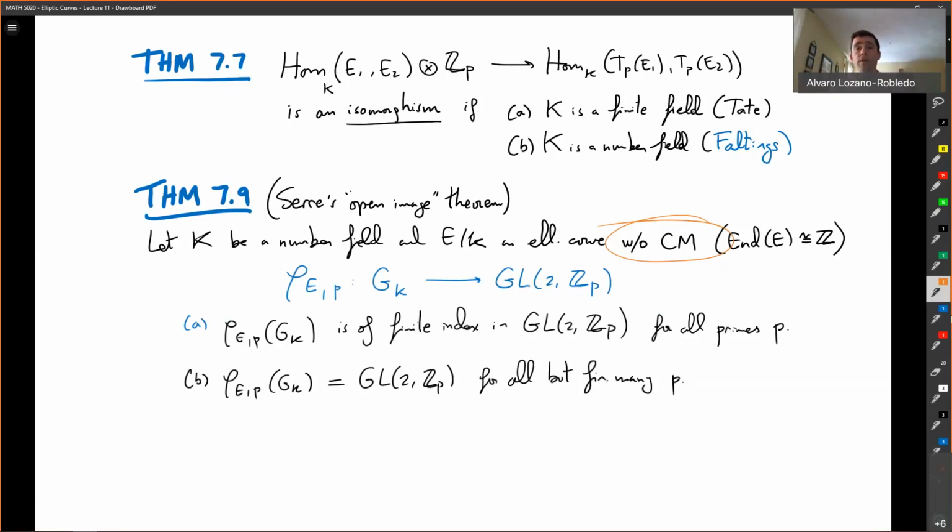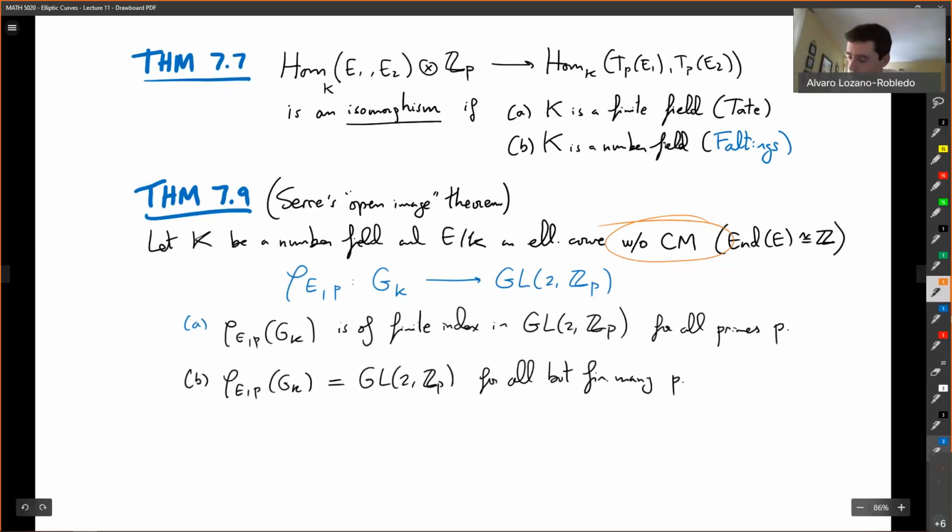The whole theory of complex multiplication is beautiful, but it is one of the advanced topics of elliptic curves in Silverman's second volume. So the image in the complex multiplication case can be very nicely understood, but you do not get anywhere close to all of GL2(Z_p).